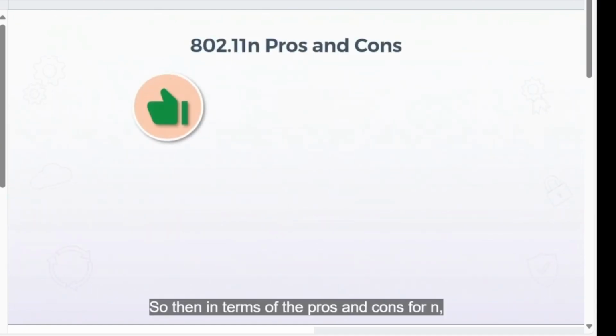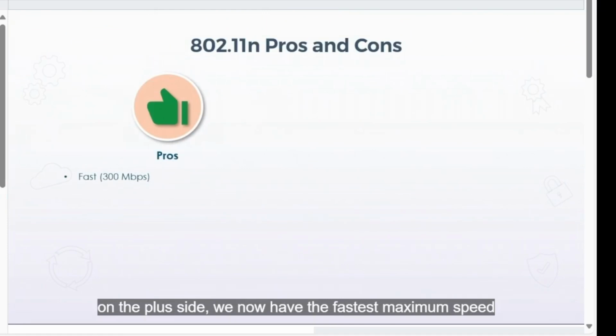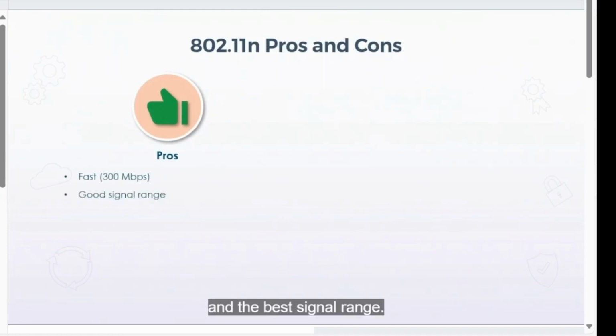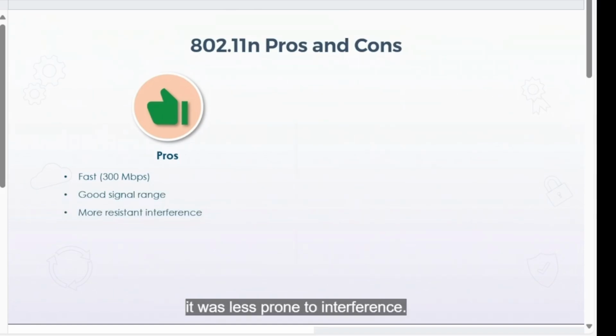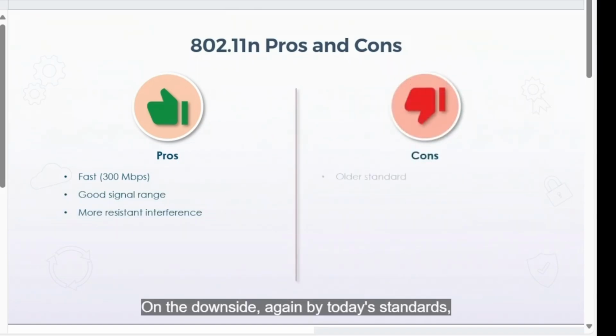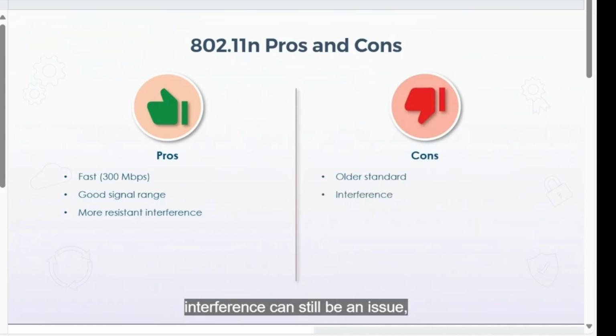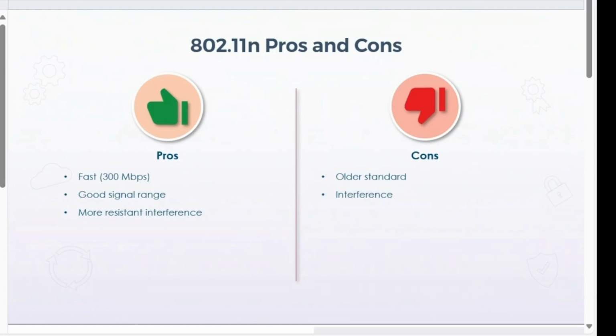So then, in terms of the pros and cons for N, on the plus side we now have the fastest maximum speed and the best signal range, and again, because it was a more intense signal, it was less prone to interference. On the downside, again by today's standards, N is starting to become out of date, and since it is still using the 2.4 GHz band, interference can still be an issue, but it was certainly less prone than its predecessors.